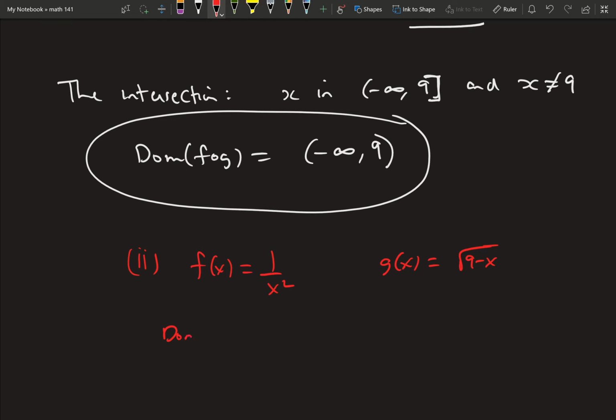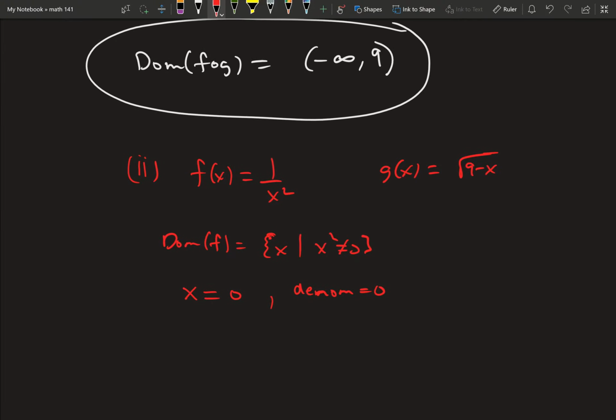The domain of f, well, it was all x where x squared is not 0. The denominator can't be 0. Well, when is the denominator 0? If x is 0, then the denominator is equal to 0, which we don't want. So hence, the domain of f is everything except 0. It's all x where x is not 0.